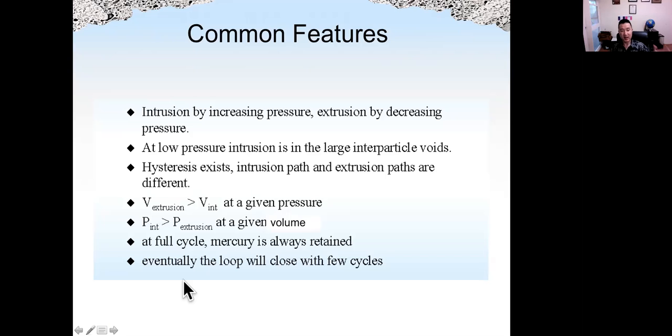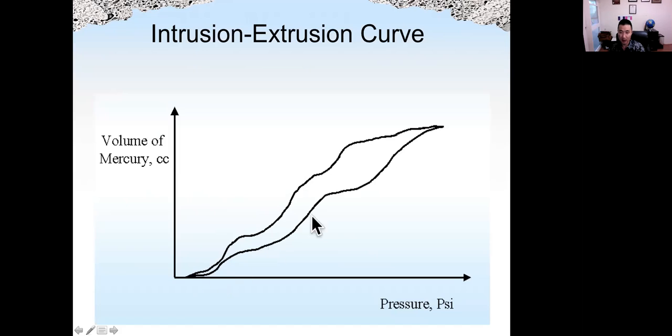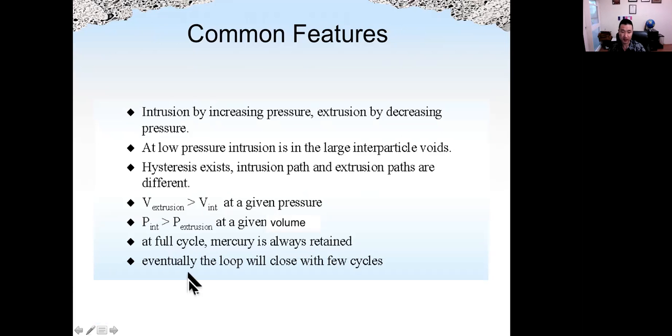At the full cycle, after the intrusion and extrusion cycle, we can see when we reduce the pressure to 0, we may have some mercury left here. Some of the mercury is retained within the pores. The reason for that is because the pores are not perfectly spherical.